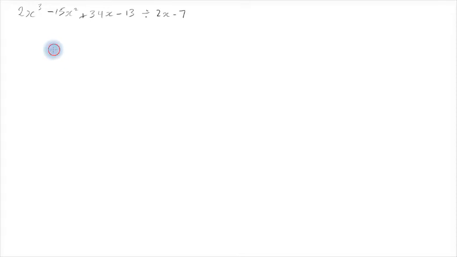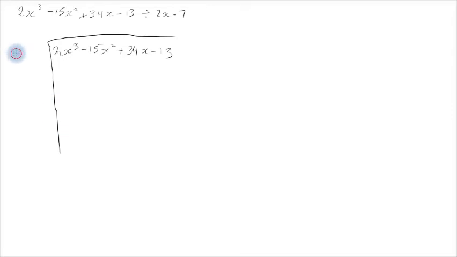So 2x cubed minus 15x squared plus 34x minus 13, and I'm dividing that by 2x minus 7. Okay, so how many 2x minus 7s are there in 2x cubed? Well, there is x squared of them.